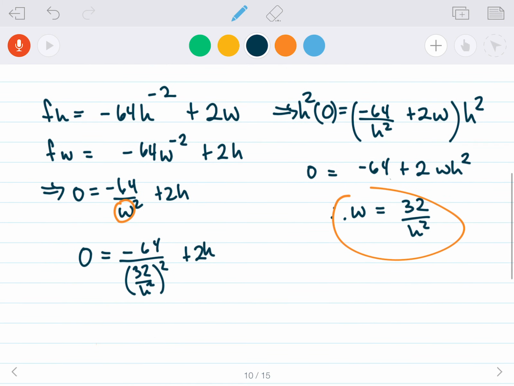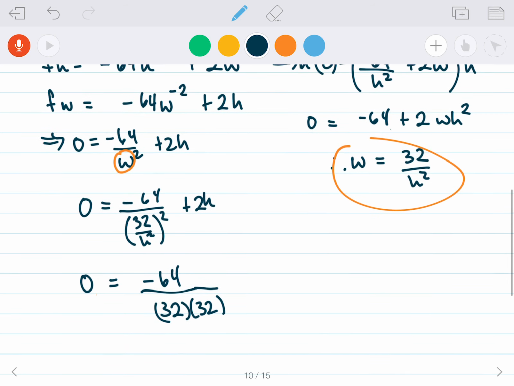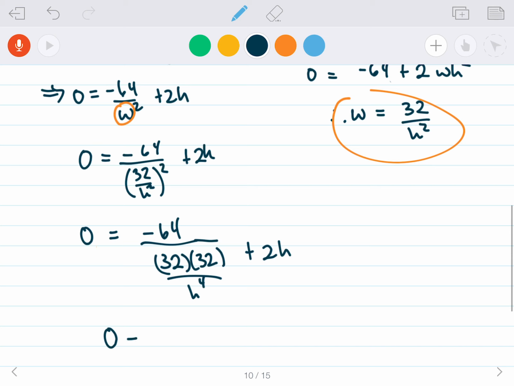So let's see what I get when I do that. I get 0 equals negative 64 over 32 squared, which I'm not going to worry about right now, but I know it's 32 times 32, over h to the 4th plus 2h. Rewriting this, I get 0 equals negative 64 h to the 4th over 32 squared plus 2h.